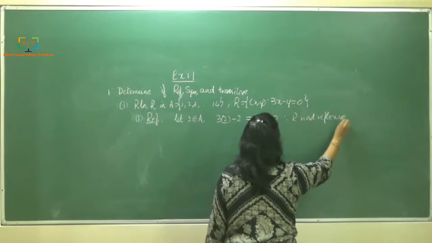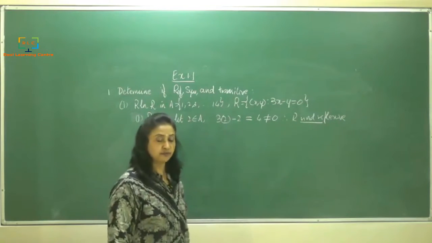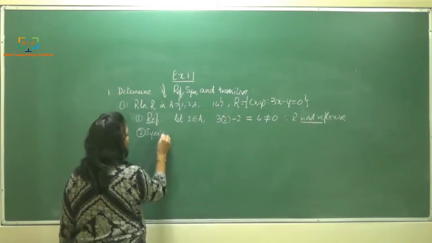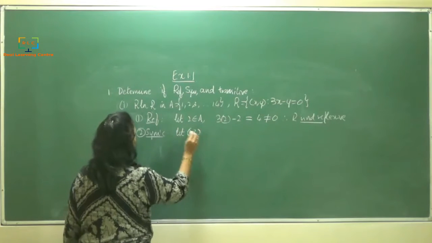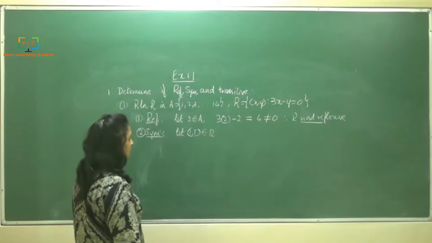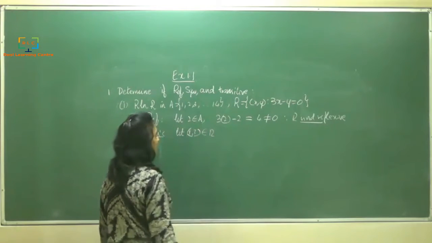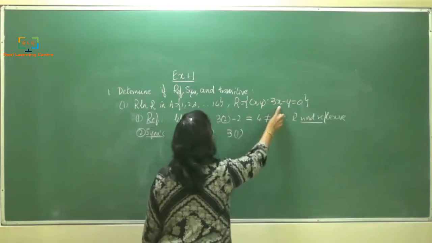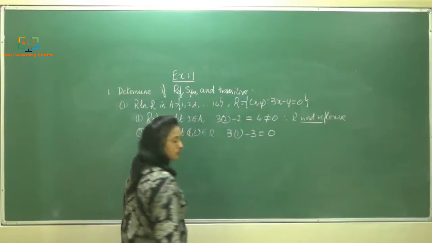Like this, whenever you want to tell it is not reflexive or not symmetric, one counter example is sufficient. Next, the second one, symmetric property. Let (1, 3) belong to R. So 3 into 1, in the place of x I am putting 1, in the place of y I am putting 3, which is equal to 0.